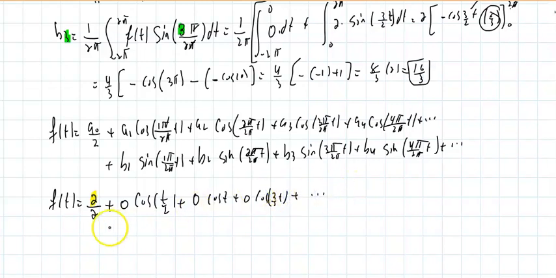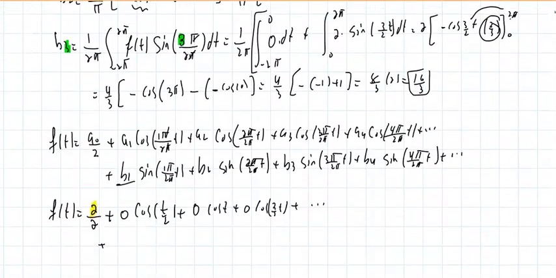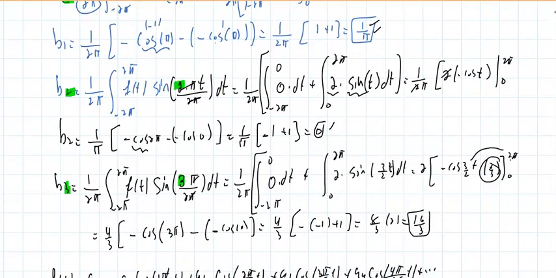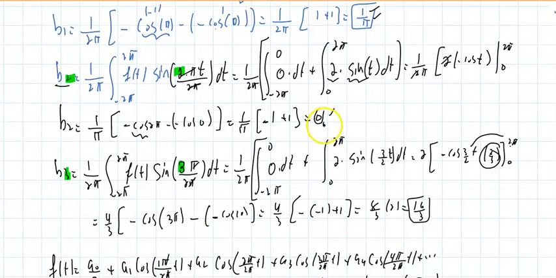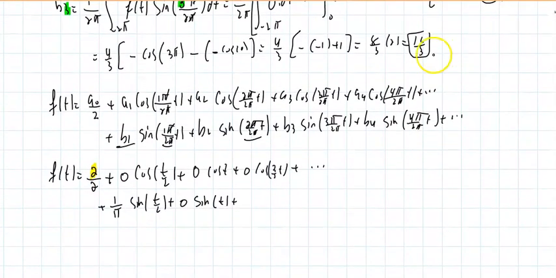Well, aren't all of these zeros? Plus b sub 1. We got b sub 1 to be 1 over pi, plus 1 over pi, the sine, those cancel out, of t over 2, plus b sub 2 turns out to be 0, times the sine of t, plus b sub 3. We got b sub 3 to be 16 over 3.